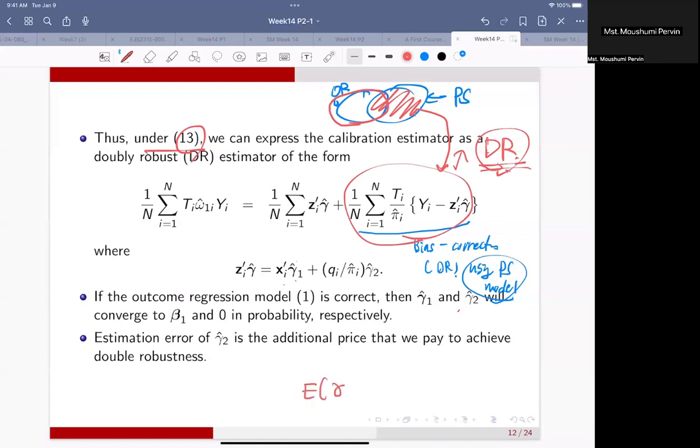So this guy will convert to, so this is a prediction, but the additional, so what is the model? The model is xi prime. The true outcome model is xi prime beta 1 plus e1, something like that, right?